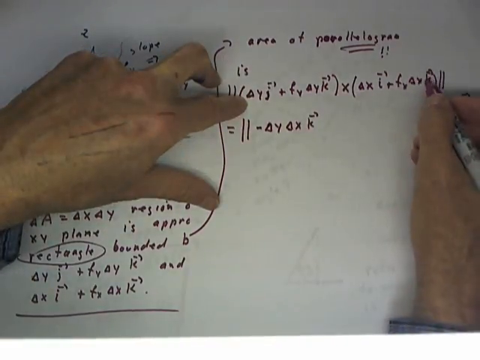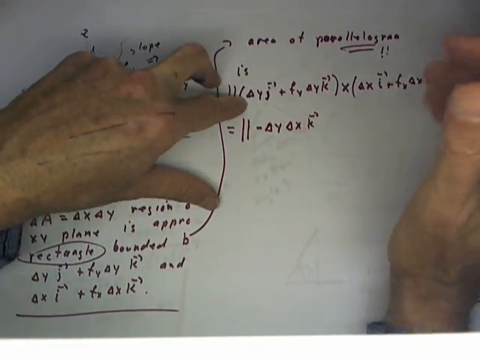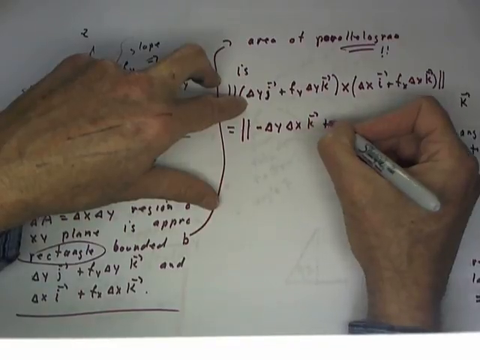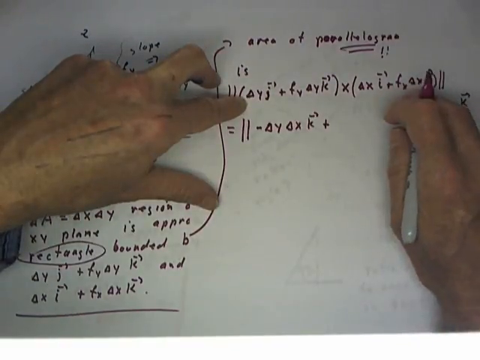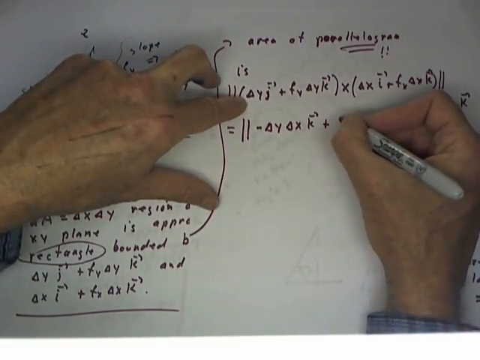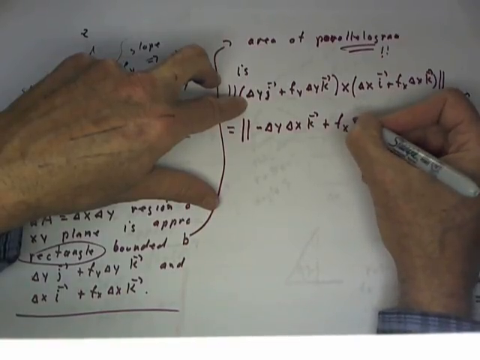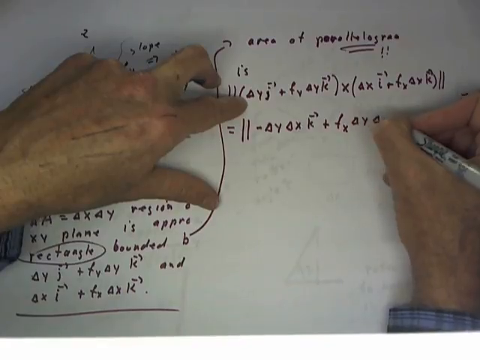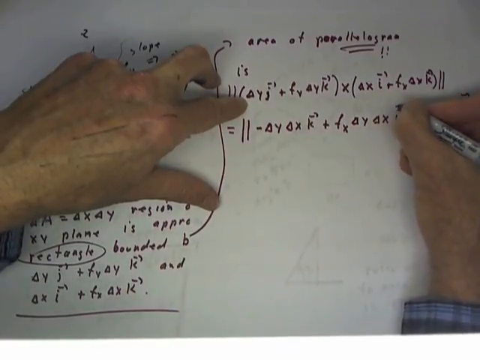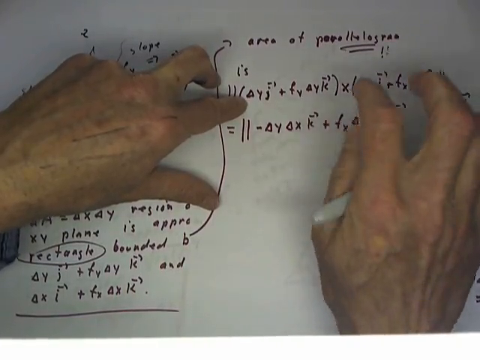And j cross k is i, so we're going to have delta y times Fx delta x i.